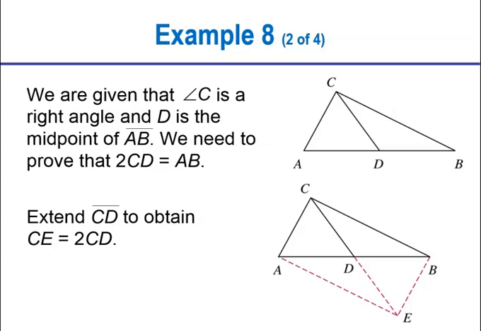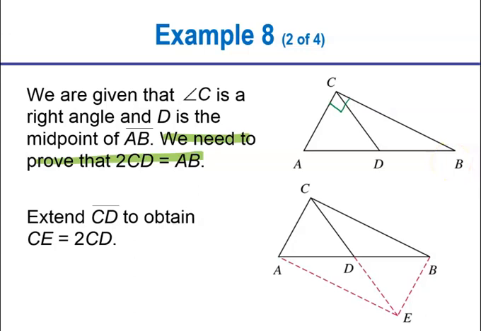We are given that angle C is a right angle. I really like to draw my right angle in there. And D is the midpoint of AB. So D is in the middle. We need to prove that 2CD is equal to AB. That twice CD is equal to the hypotenuse AB. So that's our ultimate goal. That's all we have to do.